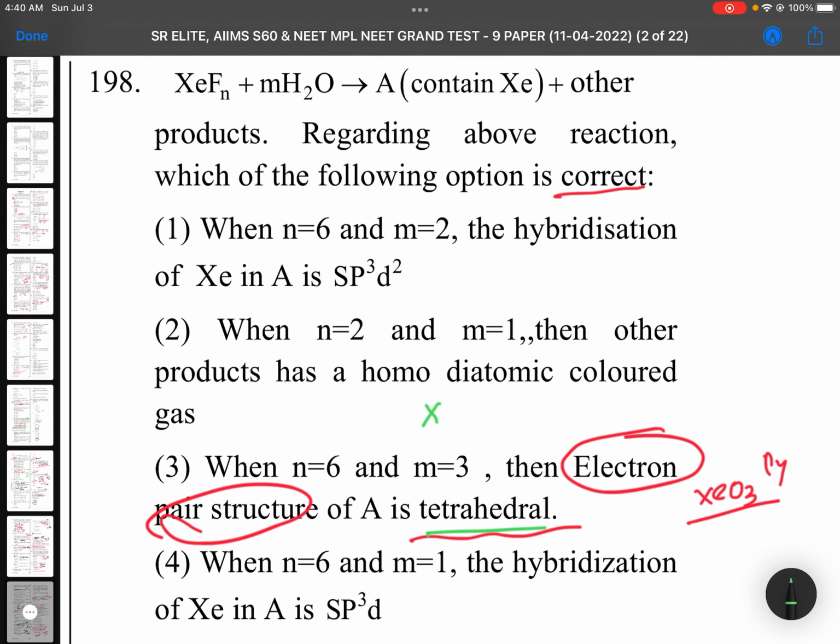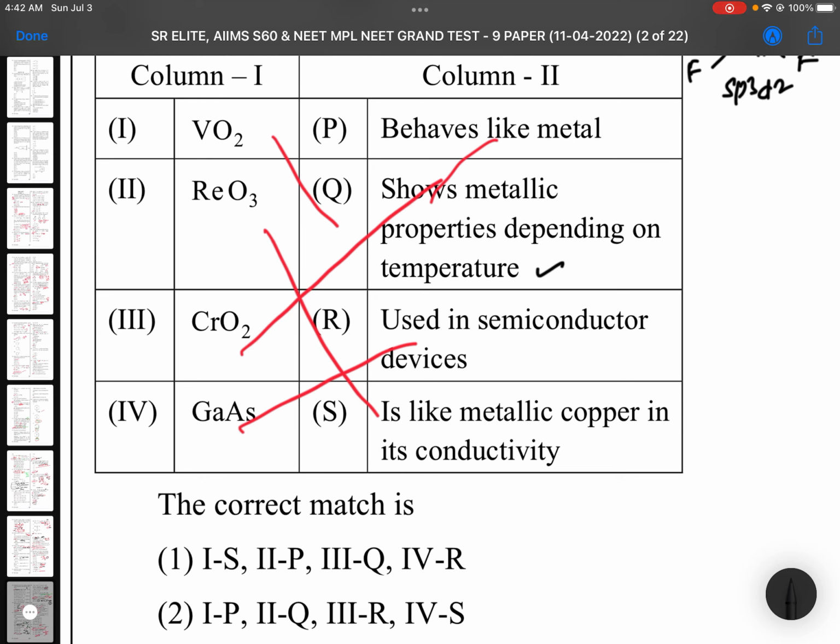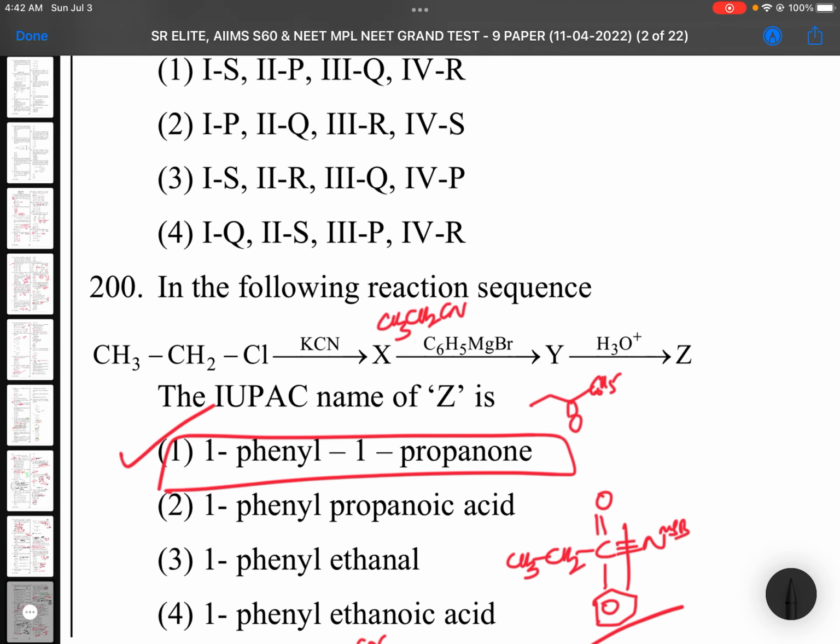VO2 behaves like metal. Now VO2 shows metallic properties depending on temperature. ReO3 is metallic, copper-like conductivity. CrO2 behaves like metal. GaAs used in semiconductor, direct memory based uses, you can say.